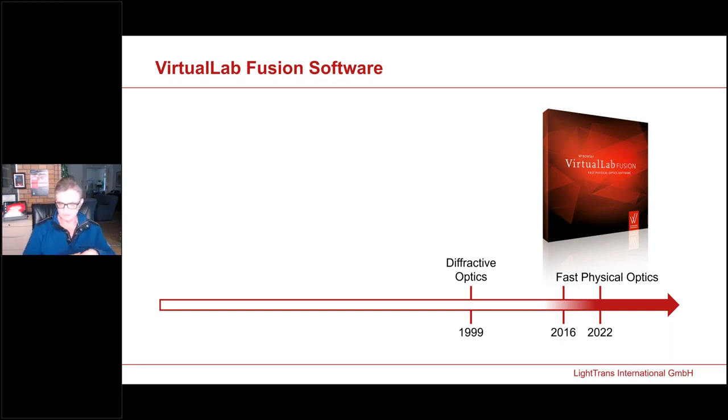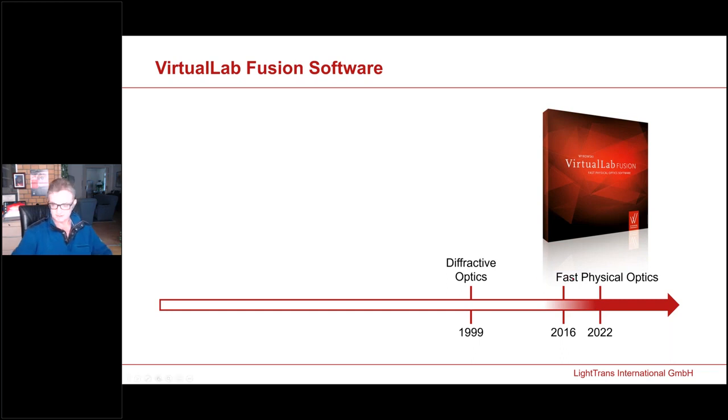We started the software in 1999 as a quite clear diffractive optics software at that time, and then we did some trials in this direction, some trials in that direction, but in the recent 5 to 6 years, we got a clear orientation in the direction of fast physical optics as a physical optics software.